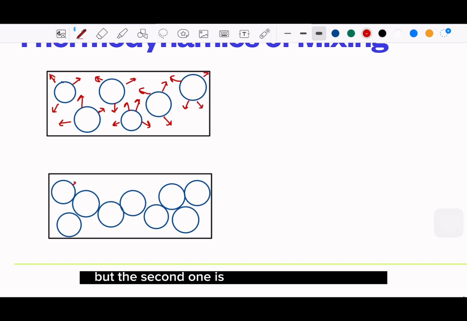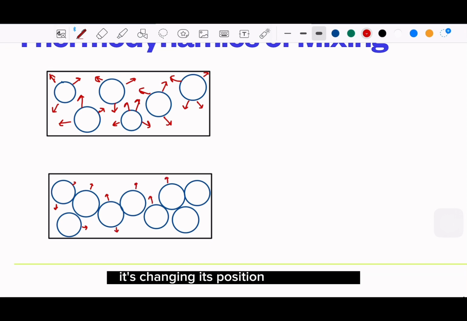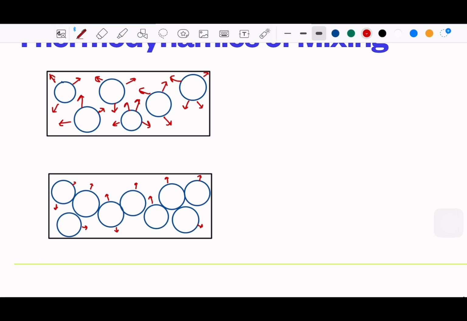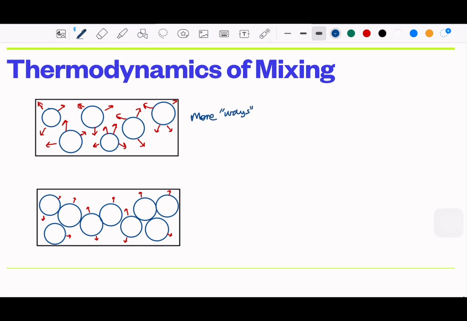But the second one is maybe small like that. So it's changing its position, but not much. So we can say that this has more ways. Ways means the microstate.